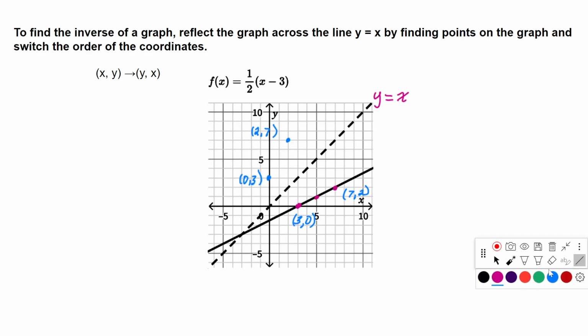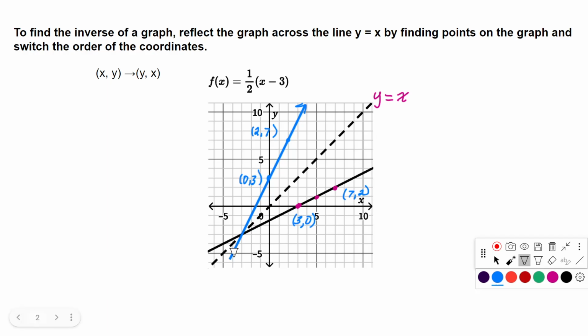And when I graph my line, I will see that it also intersects where the original function intersected with the graph of y equals x. And here is my inverse function.